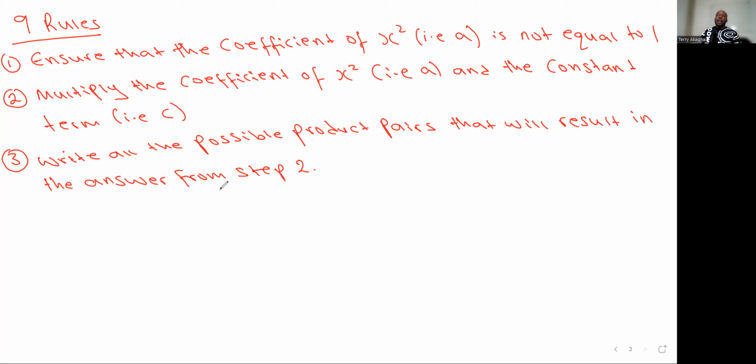After you've written all the possible product pairs, the next thing, similar to what we did when a is equal to 1, is to determine which of these product pairs from step 3 will add up to give you the middle term, or the linear coefficient. So we're referring to the b.